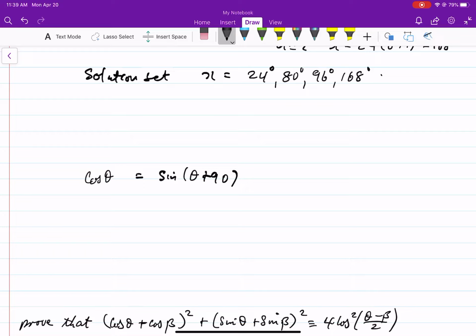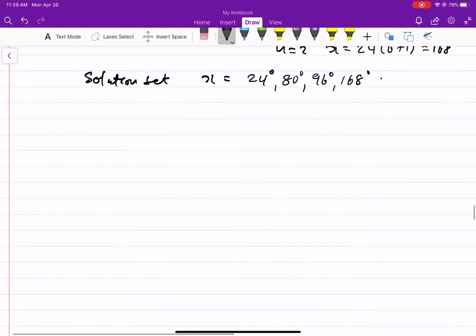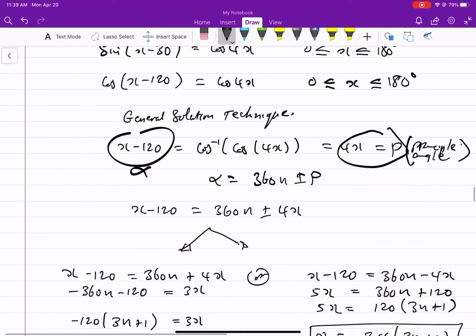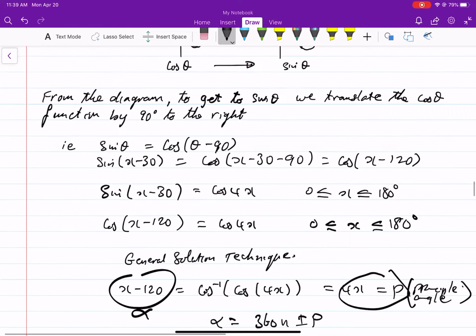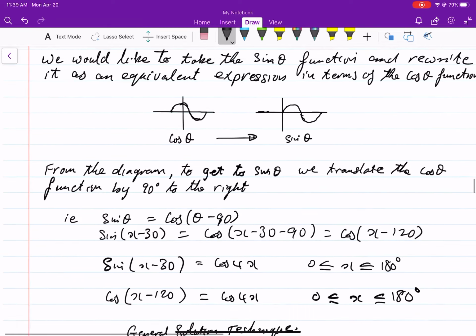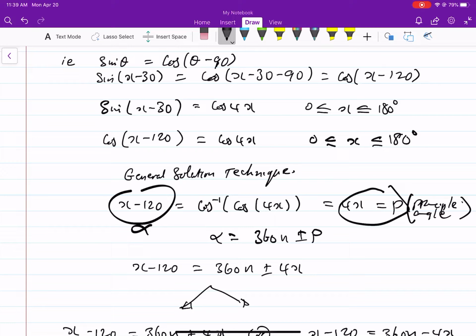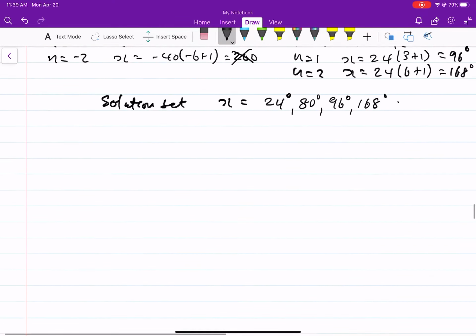A second technique we could have used, I'm going to solve it another way as well, showing the flexibility of this trigonometry. We could have taken it from the point where I changed the sine of x minus 30 to cos of x minus 120, right?